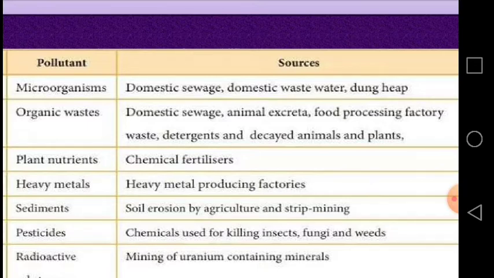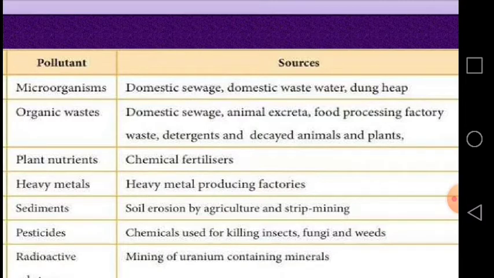Plant nutrients: chemical fertilizers like nitrates or phosphates from the fertilizers are very harmful for life. Heavy metals: heavy metal producing factories. Sediments: soil erosion by agriculture and strip mining.